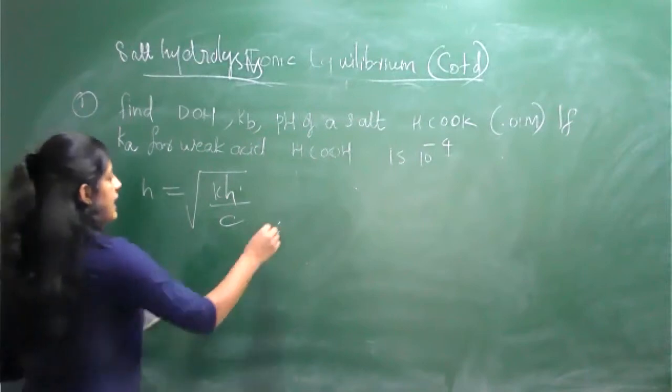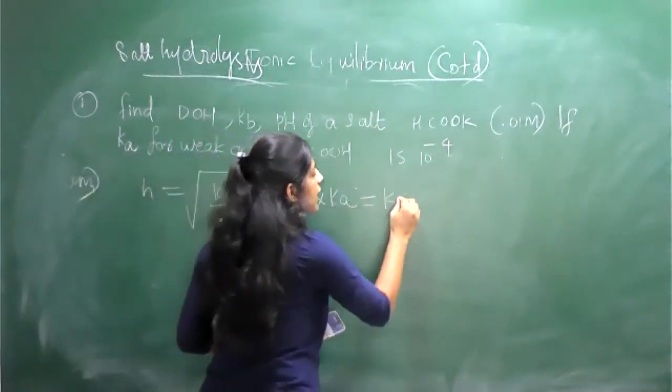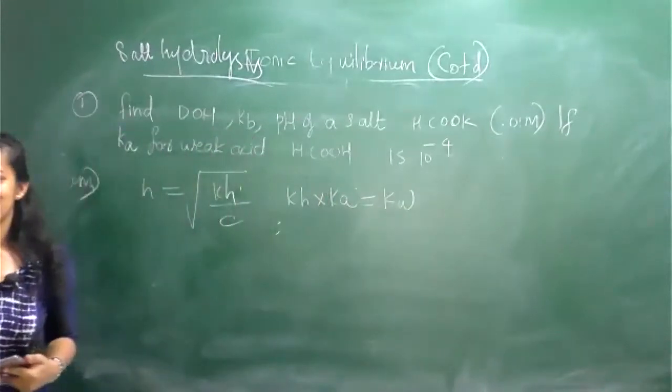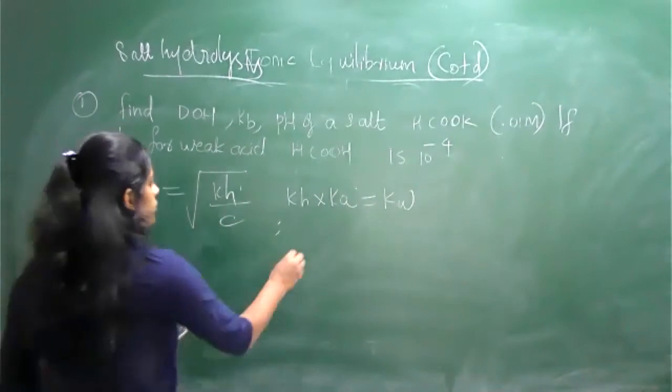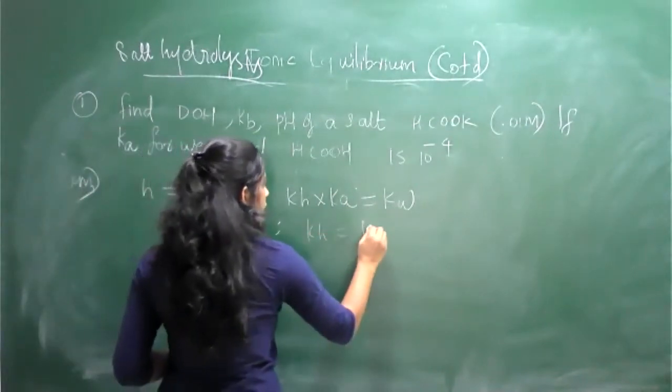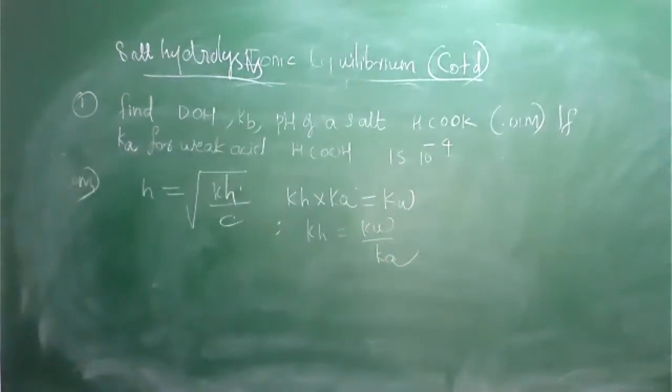No, this is another relation: Kh into Ka is equal to Kw. So Ka is given now, Kw you already know. Find out Kh. Kh equal to Kw divided by Ka. Tell me the answer.